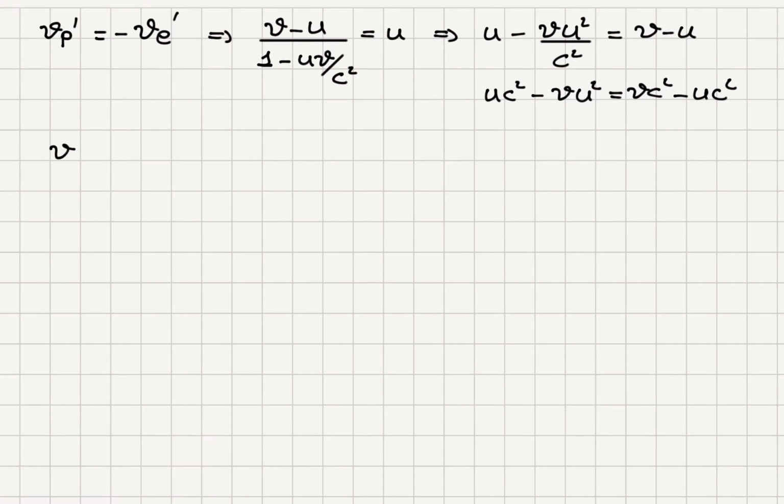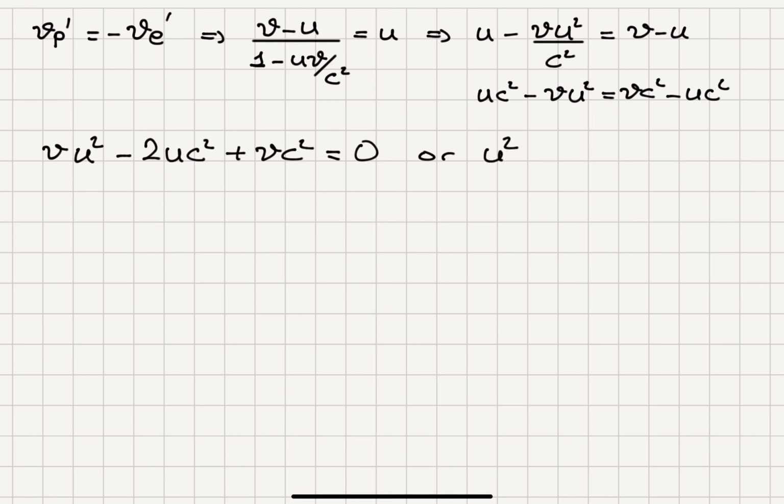v u squared minus 2u c squared plus v c squared is equal to 0, or this can be written as u squared minus 2c squared u divided by v plus c squared is equal to 0.